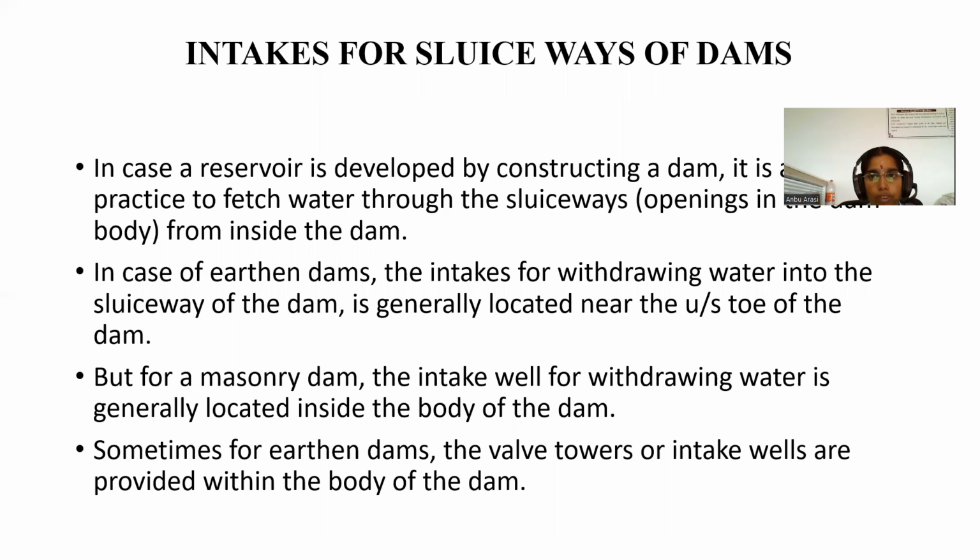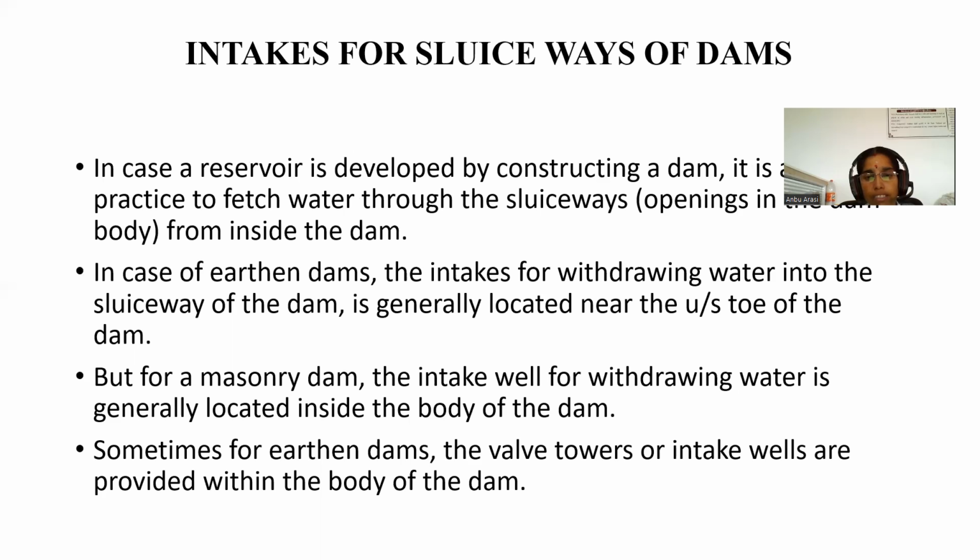Intakes for sluice ways of dams. In case a reservoir is developed by constructing a dam, it is a practice to fetch water through the sluice ways from inside the dam. In case of earthen dams, the intake for withdrawing water into the sluice way of the dam is generally located near the upstream toe of the dam.